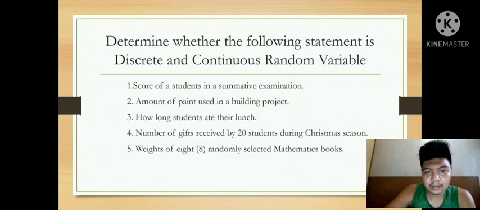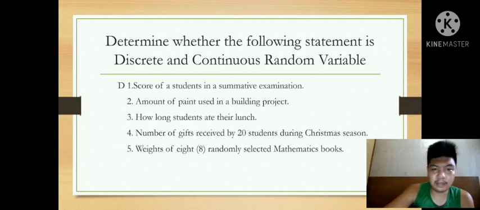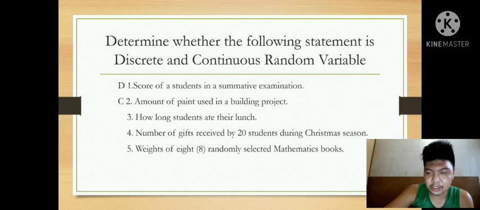First, score of the student in the summative examination. Score. Very good. What is that? Discrete. Very good. Number 2, amount of paint used in the building project. Amount. This is continuous. How long the student ate their lunch?